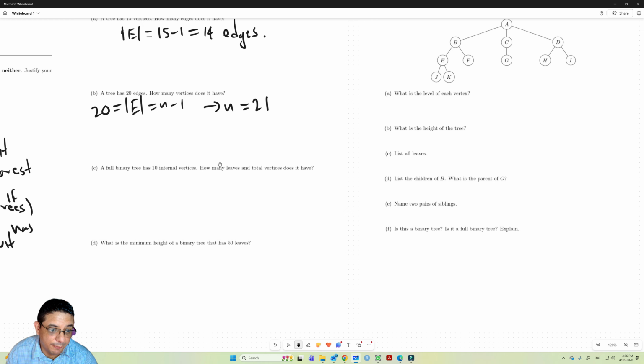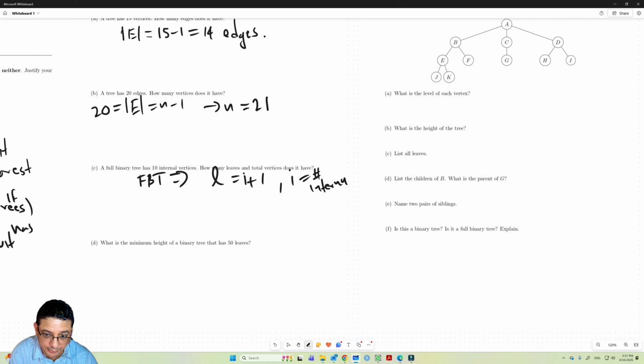Now, a full binary tree has 10 internal vertices. How many leaves and total vertices does it have? The full binary tree, which I'm going to call FBT, implies that the number of leaves is I plus 1, where I is the number of internal vertices.